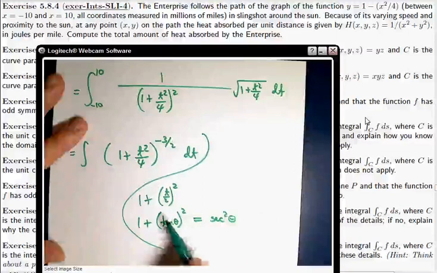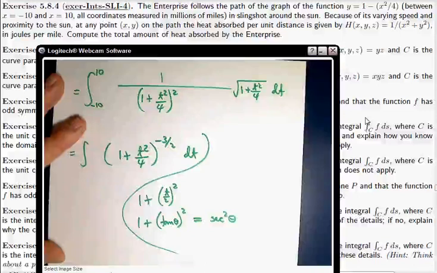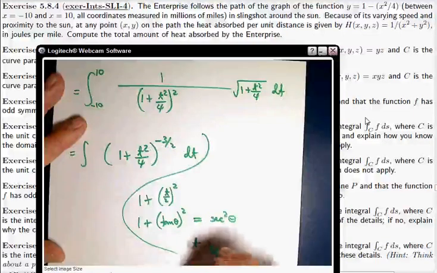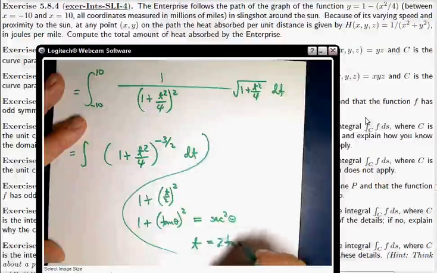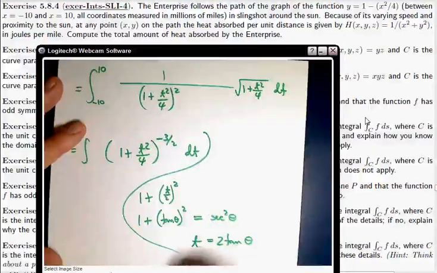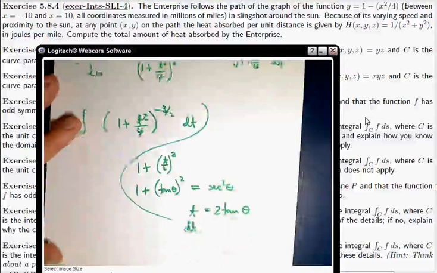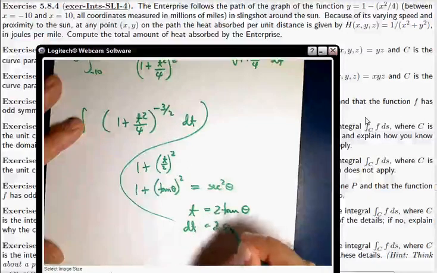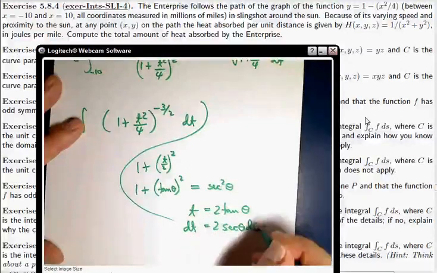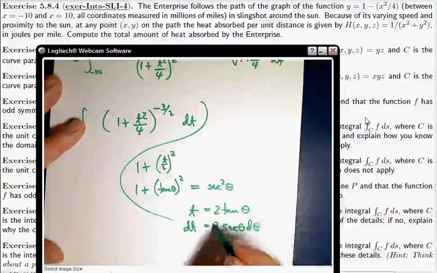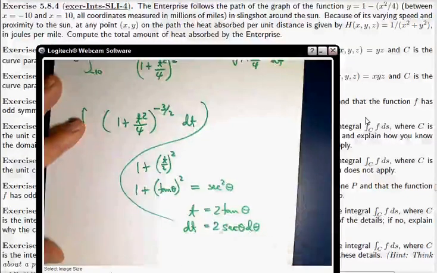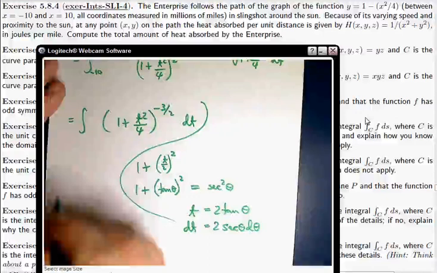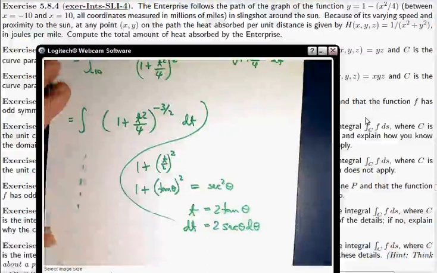So I'm going to let t over 2 be tan theta. In other words, t is going to equal 2 tan theta, at which point dt becomes 2 secant theta d theta.